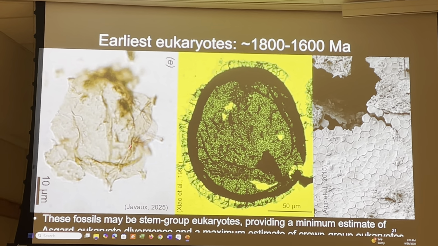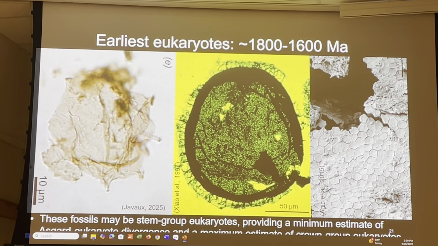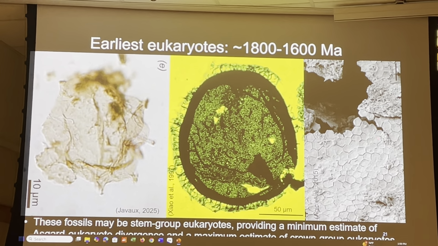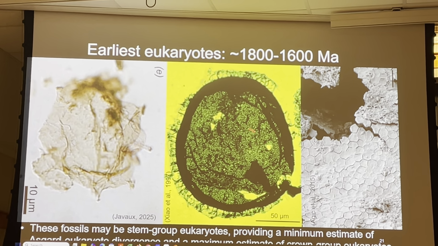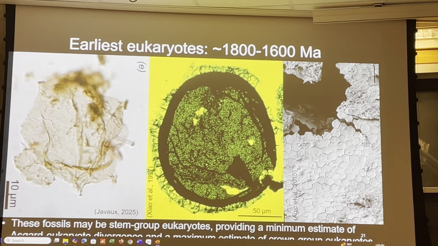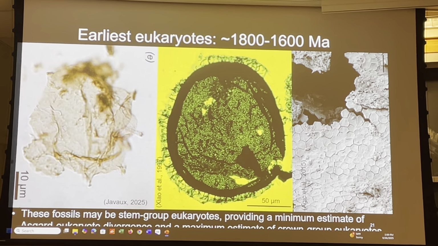This is a recent paper by Emmanuel Javaux in Belgium. And this is an SEM picture of the same group of fossils showing the wall, the sculpture on the wall.